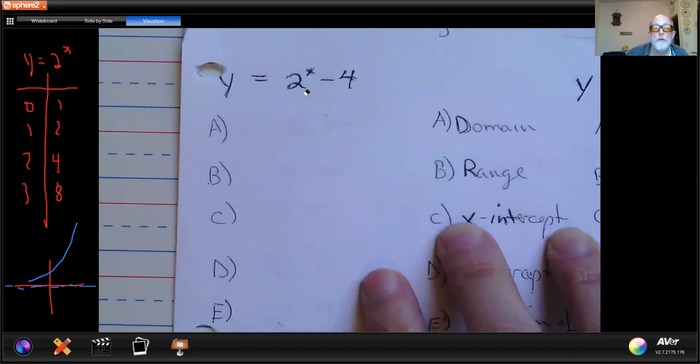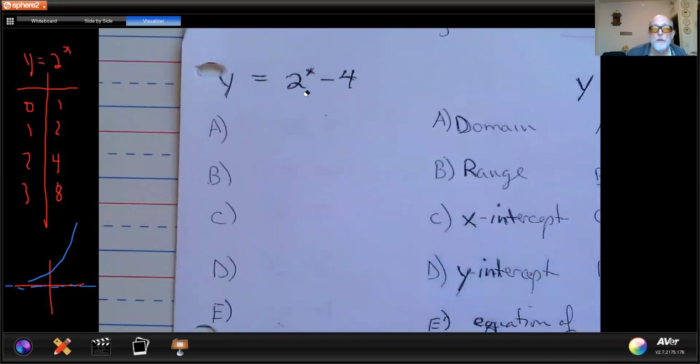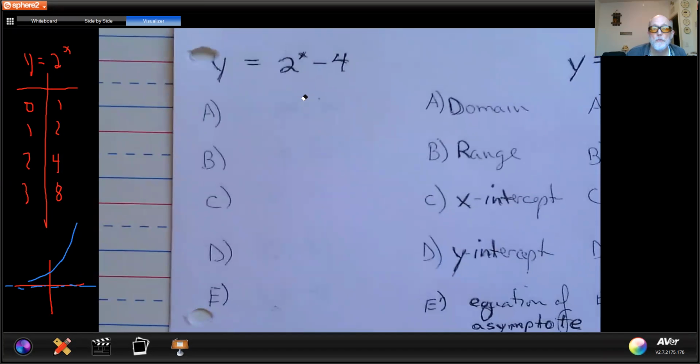E wants the asymptote, right? The equation of the asymptote, that's part E. I'm looking right here. If you're not looking where I'm looking, oops. Right here, I'm looking at the equation of the asymptote. That's E. So the equation of the asymptote is now -4.